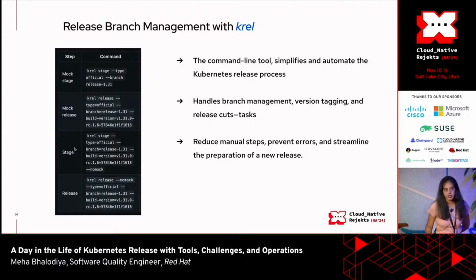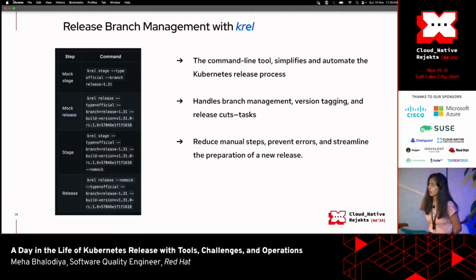It also handles the branch management, version tagging and release cards. Now, these tasks are essential for maintaining that structured progression of the release. The main benefit of using Krel for release managers is that it can reduce the manual effort, directly prevent errors and address the release cards as per the timeline.